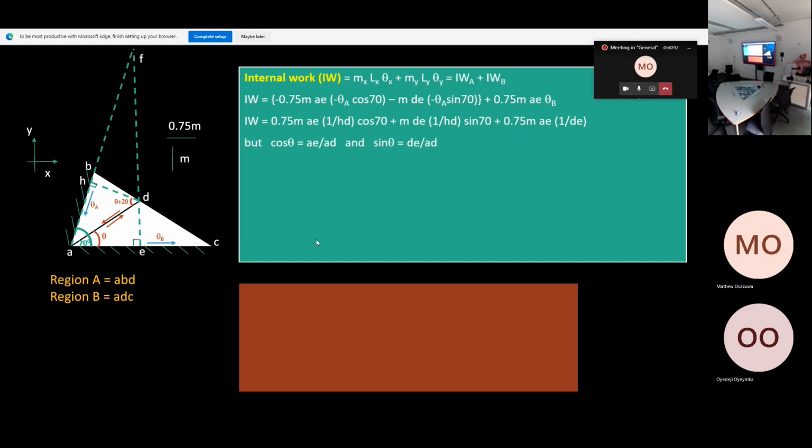But look at the triangle here. Do you agree that cos theta is AE over the hypotenuse AD? And do you agree sine theta is the opposite DE over hypotenuse AD? So I've got that. I'm going to substitute AE and DE here by, respectively, AD cos theta and AD sine theta, which I have done here.